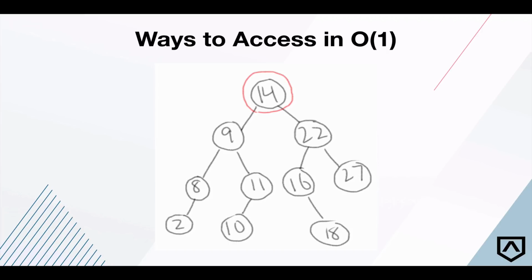And so from there, we would traverse the tree down in order to access some child element of the binary search tree. So again, when it comes to trees, we pretty much always have constant time access to the root.